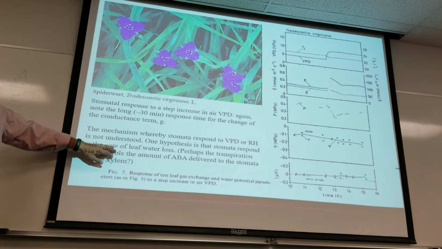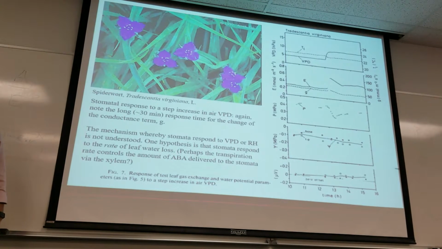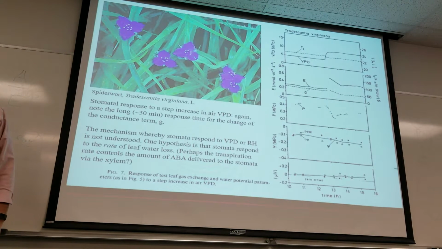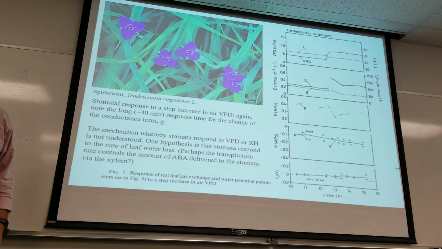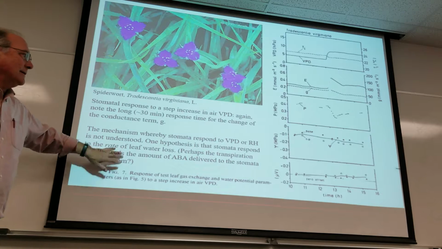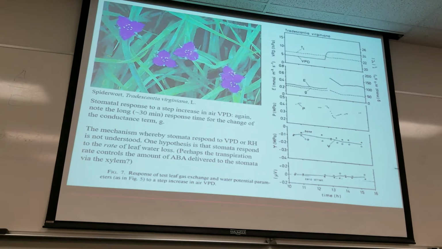A more recent hypothesis is that somehow guard cells can sense the rate of transpiration, the rate of water loss from the leaf, and that's what they respond to. But that's just a hypothesis right now, and not much evidence one way or the other to support or not support that.